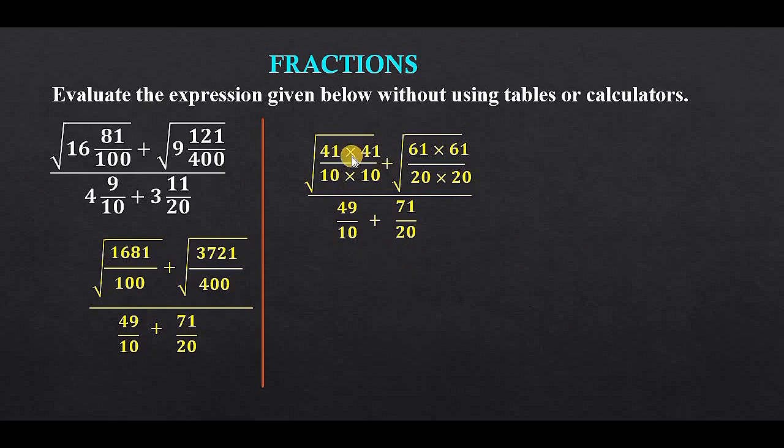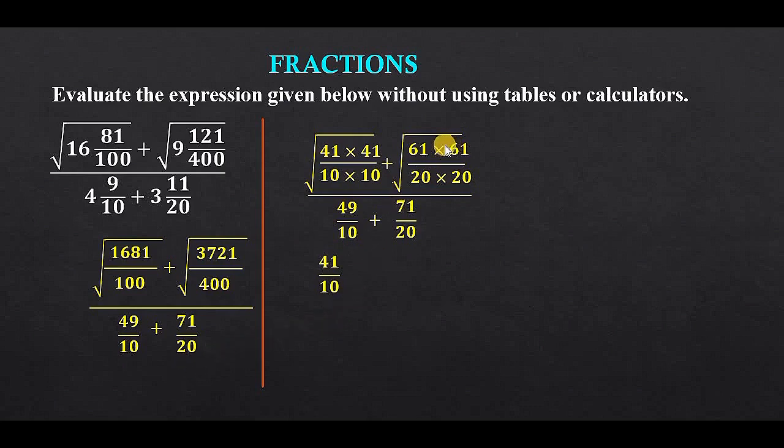Now on the numerator, 41 by 41, that is 41 squared, and then 10 by 10, that is also 10 squared. So we'll have 41 squared over 10 squared. Finding the square root, that should give us 41 over 10.